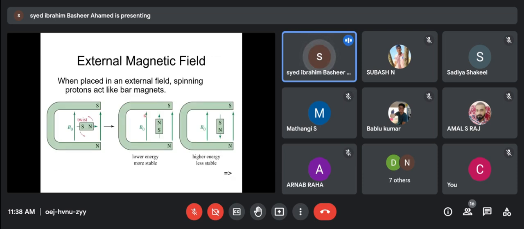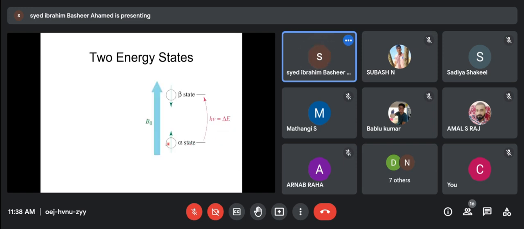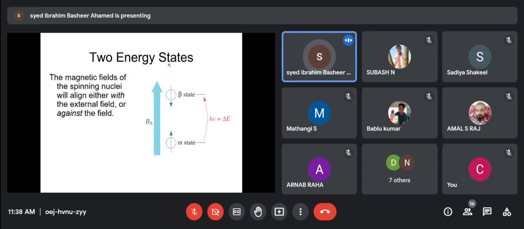So this is the external magnetic field strength B naught. Either the nuclei will align with this or oppose the external field. So there are two different energy states.